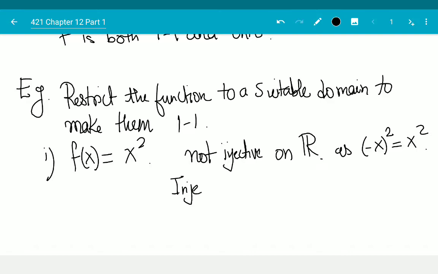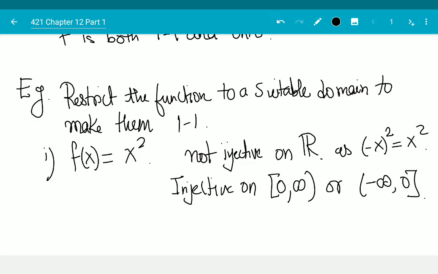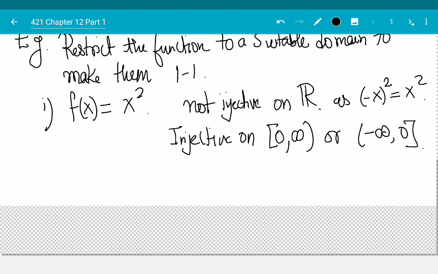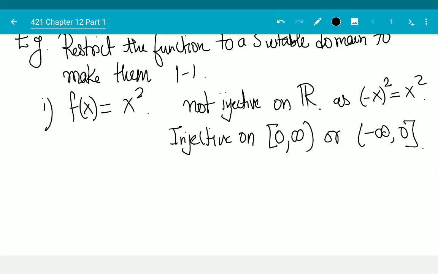Injective on 0 to infinity or negative infinity to 0, right? If I restrict it to any of these two domains, then it is injective. I can further restrict it. I could take from 1 to 7 or something, and it would still be injective because that lies within 0 to infinity. Or I can take proper subparts of these where it would be injective, but these are the biggest intervals that I can find where it is injective.